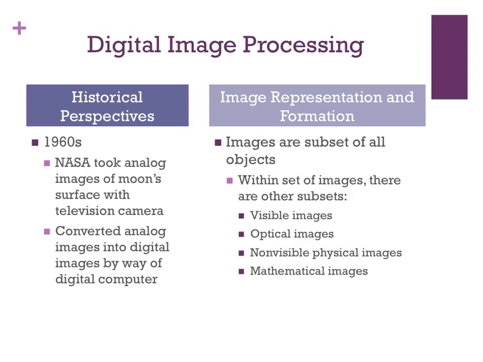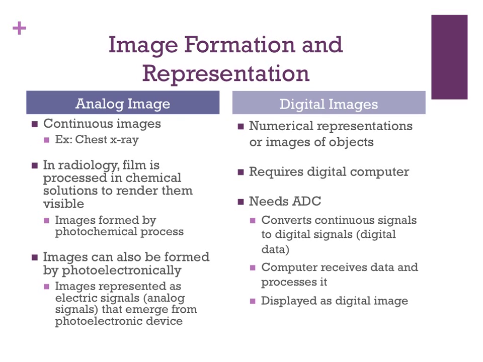Images are a subset of all objects. Within the set of images, there are other subsets, which include visible images, optical images, non-visible physical images, and mathematical images. As far as image formation and representation goes, there are analog images and then digital images.